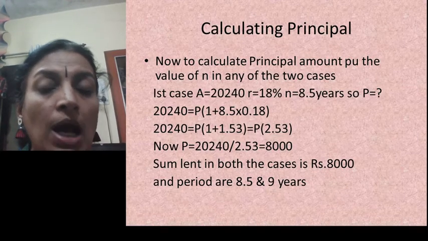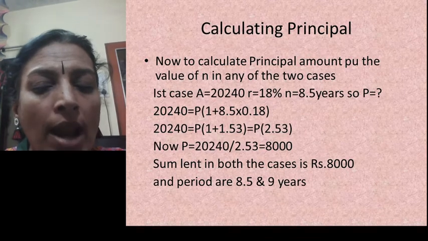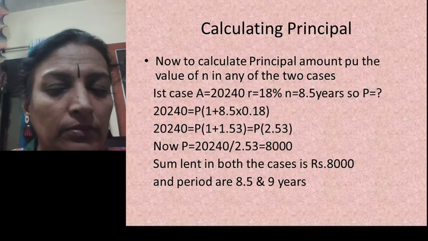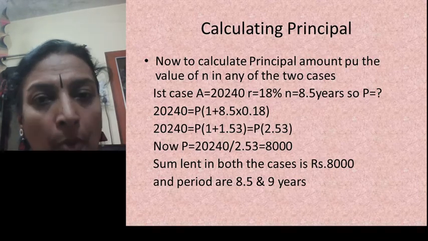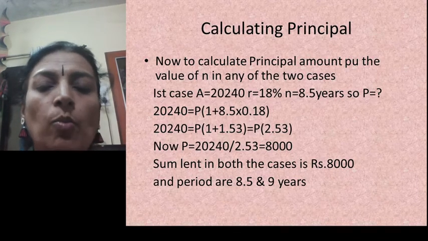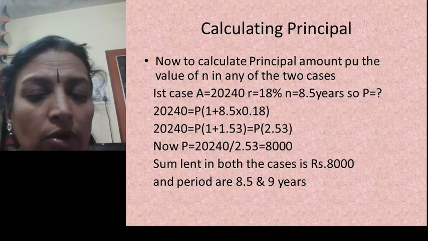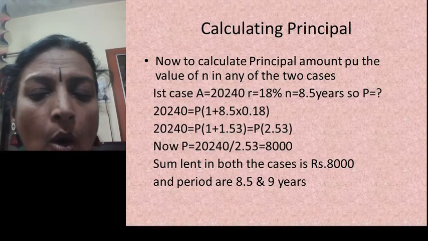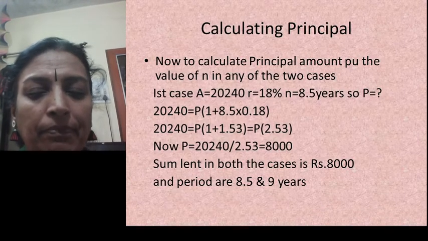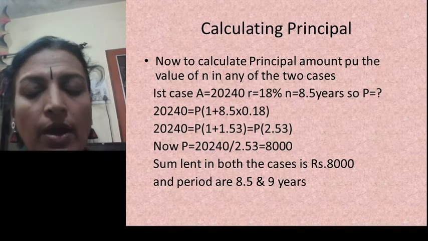Therefore, apply the formula. 20,240 is equal to P bracket 1 plus N into I, 8.5 into 0.18. And the answer is 20,240 is equal to P in the bracket, 1 plus 1.53, so it is 2.53 in the bracket.